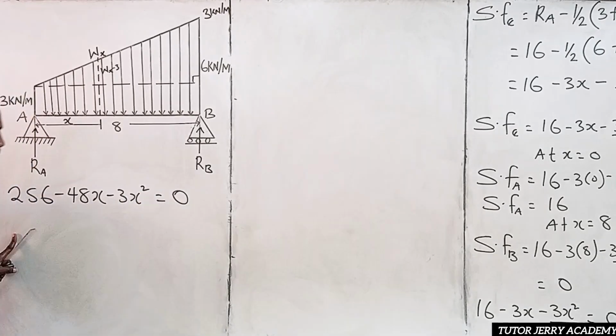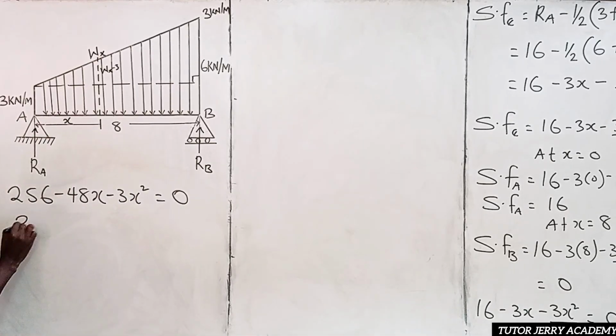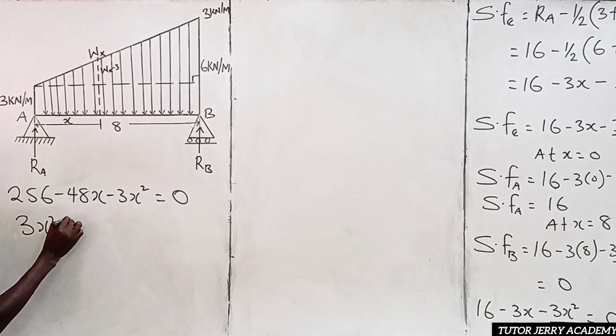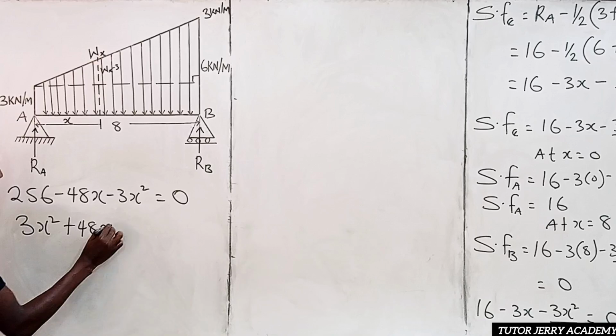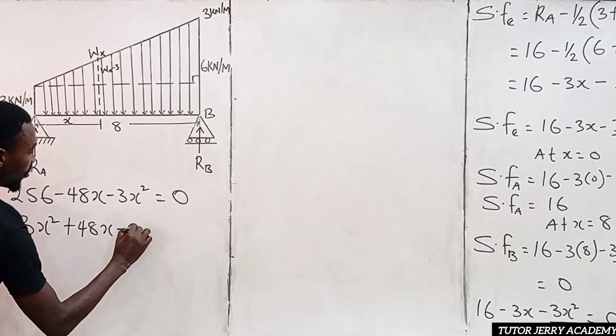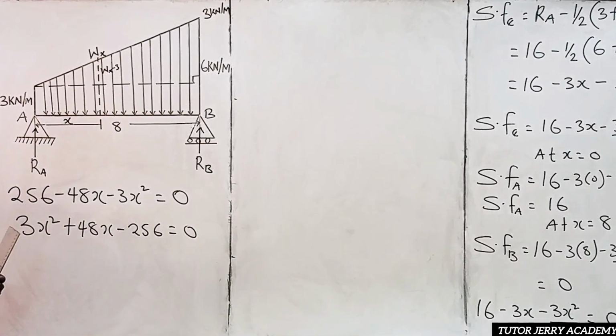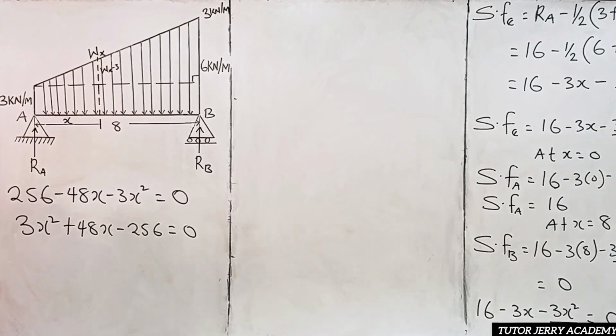Everything will be equal to 0. So if we rearrange this, we are going to have 3s squared plus 48s, then if we take this to the other side, minus 256 equals 0.